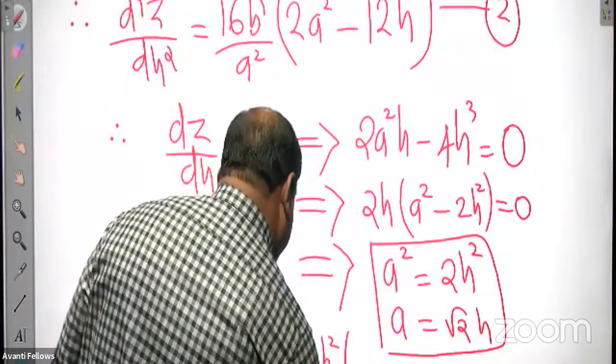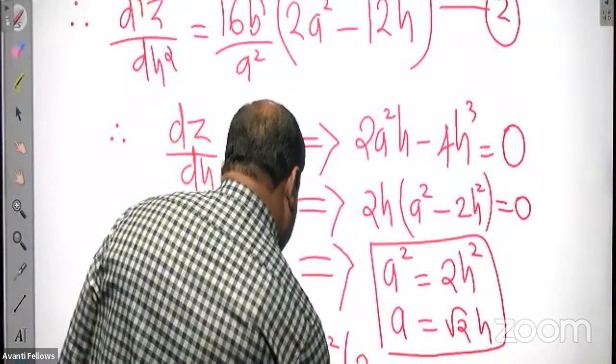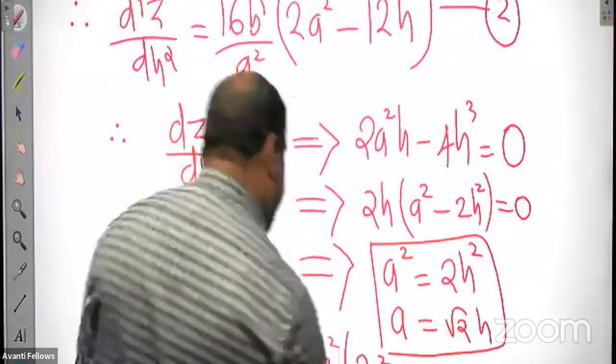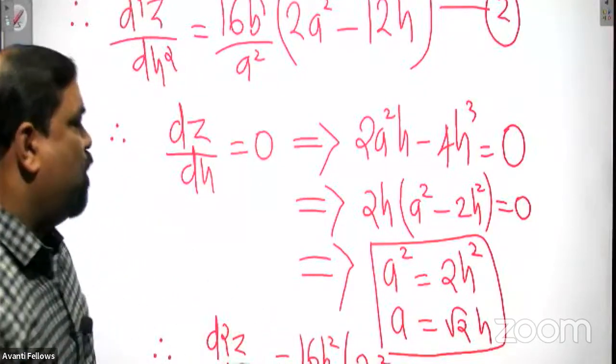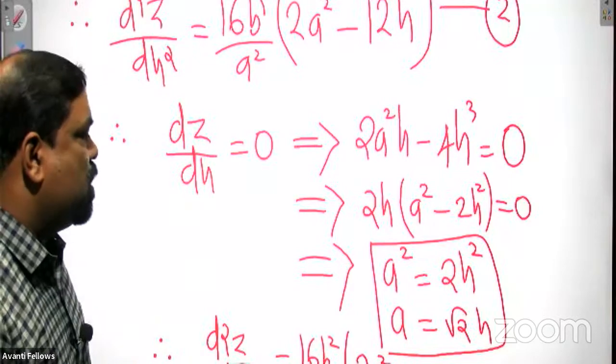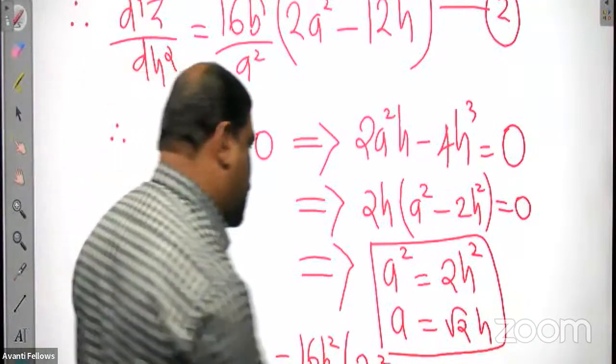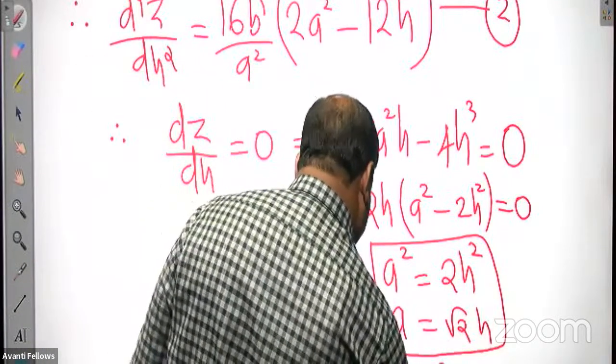Okay, so that means 2s square minus 12h square. 12h square means 6 into 2h square. 6 into 2h square means 6s square.